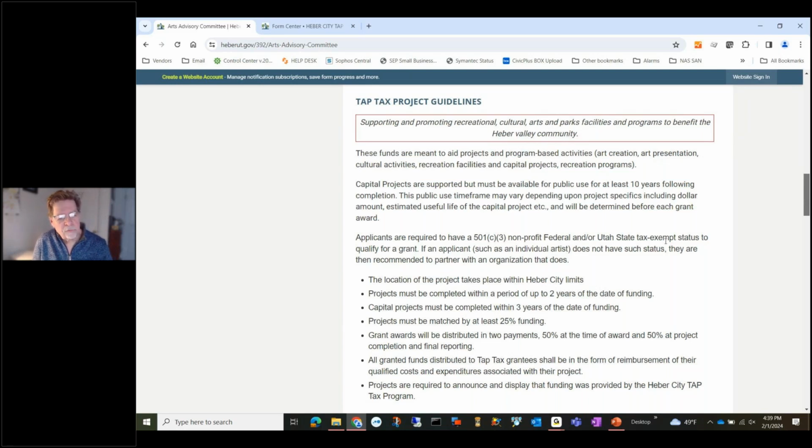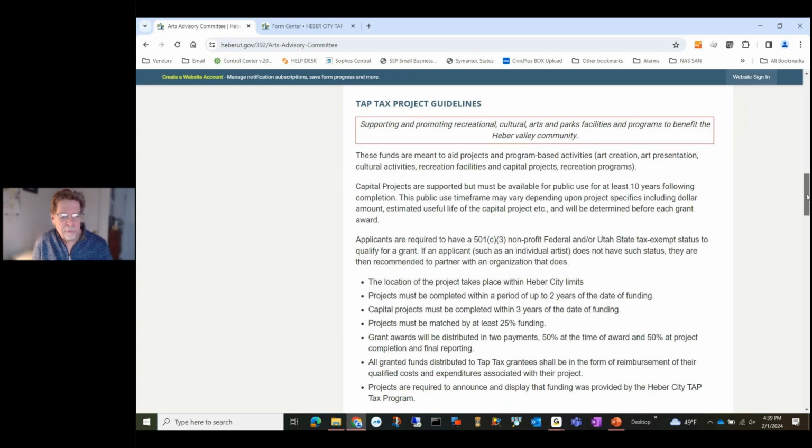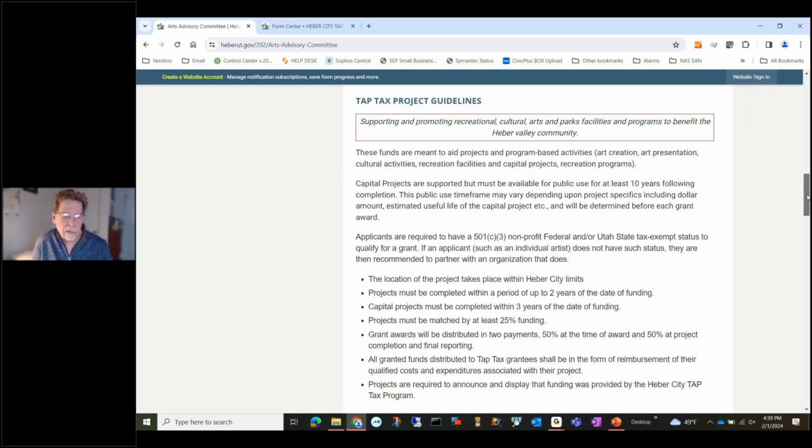The location for the project must be within Heber City limits. Projects must be completed within 2 years from the date the funding agreement is signed, and the money is available as part of the execution of that agreement. Capital projects, however, have been given an extra year, to be completed within 3 years of that date of funding.